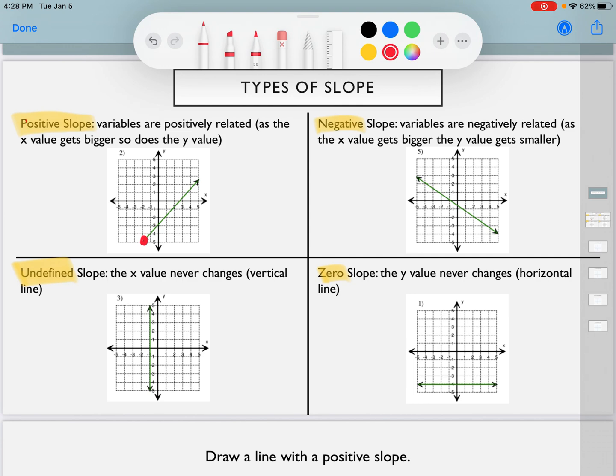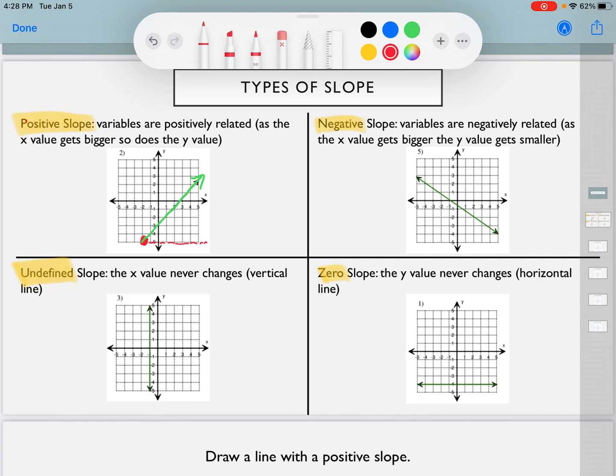And then I draw a little dotted line to the right. And if my line that they give me goes above that dotted line, then it's positive. That's how I tell. So as I move from left to right, is that line going up or down? If it's going up, it's positive. If it's going down, it's negative.